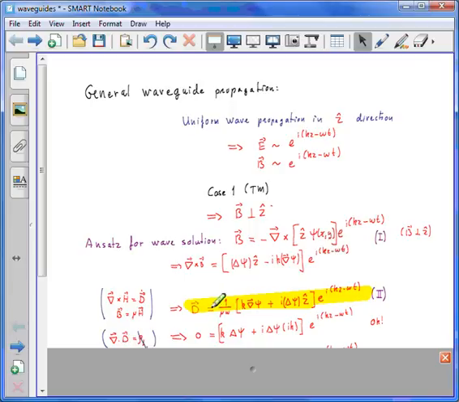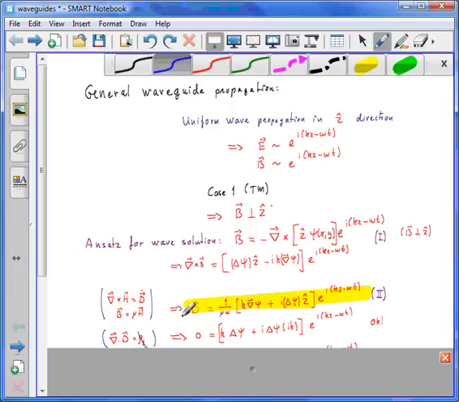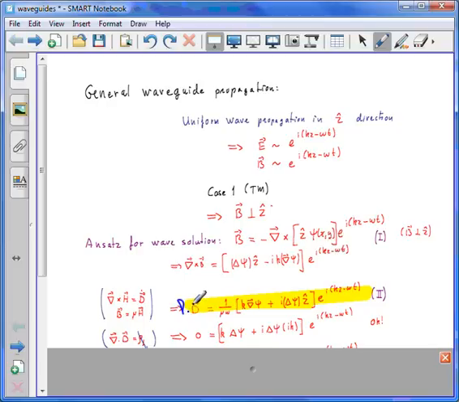So what we have to show is that this divergence of D is indeed equal to 0. Is that true? Well, let's have a look.